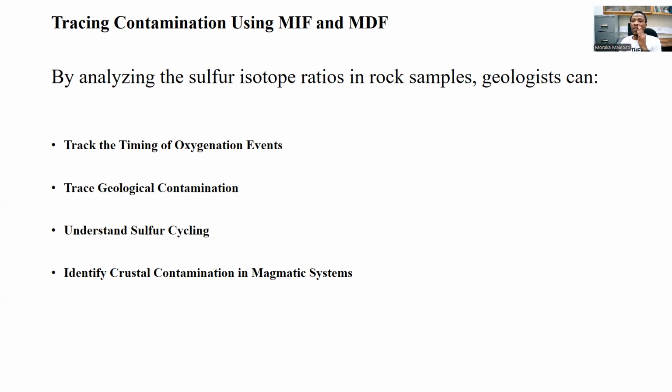Because if we did not have oxygen, we would expect to see the mass-independent fractionation signatures. But after 2.45, after the Great Oxidation Event, we don't see these MIF signals. It shows that we are in an oxygenated, or oxic, environment, which is why we say it tracks the timing of the oxygenation event.